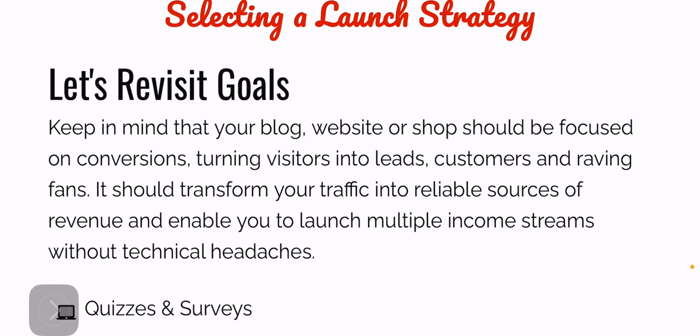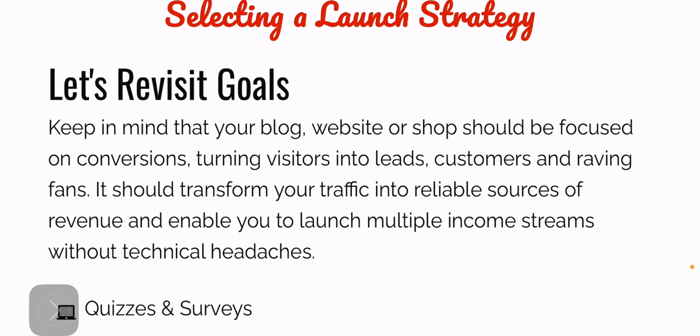And so you want to transform your visitors or your traffic or the people who come to your site into reliable sources of revenue. And that's going to enable you to really, once you get one system down pat, once you get one strategy, one product, one way of earning money down pat, then you're going to be able to expand and launch multiple streams of income.